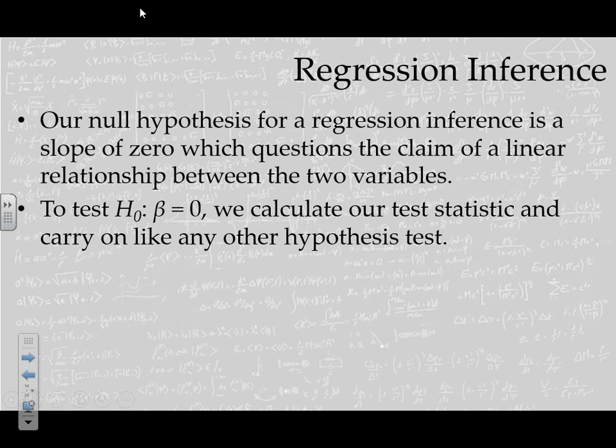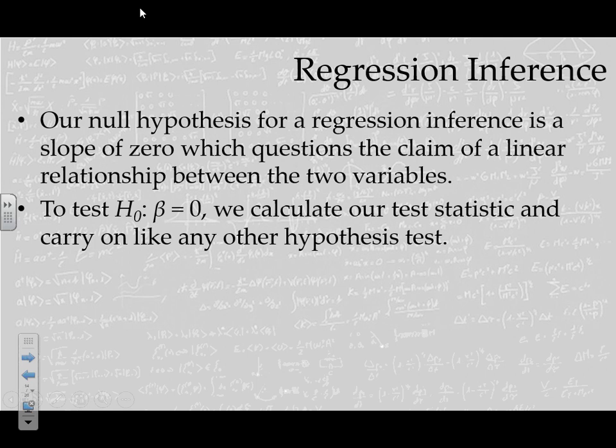That's our null. Now, just like any other test, we can run our alternative as greater than, less than, or not equal to. So it depends on what kind of question we want to answer. If we think about our two variables, our null is that there's no linear relationship between them.